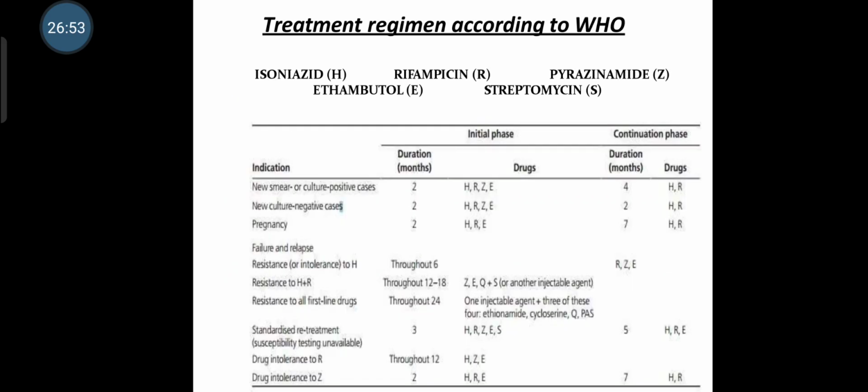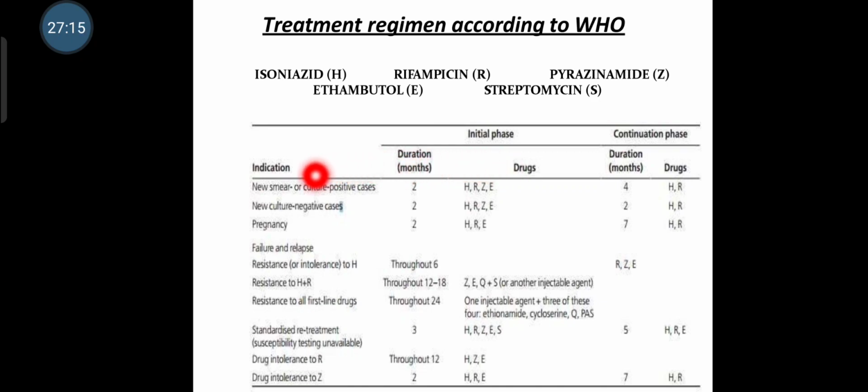According to the WHO, the 5 main drugs are isoniazid, rifampicin, pyrazinamide, ethambutol and streptomycin, which is HRZES. Then here you can see how the drug treatment is given in the initial phase and in the continuation phase.